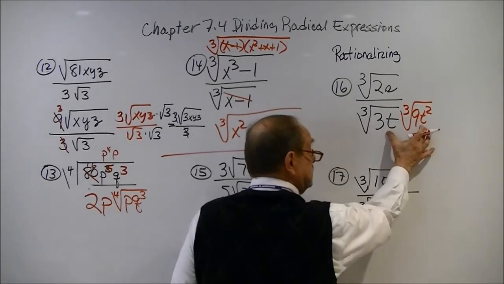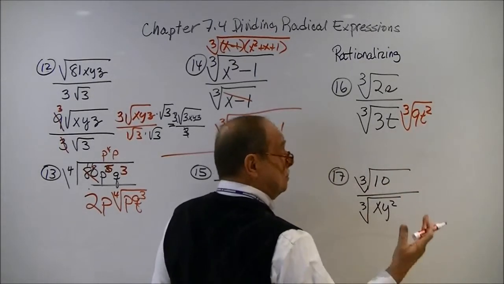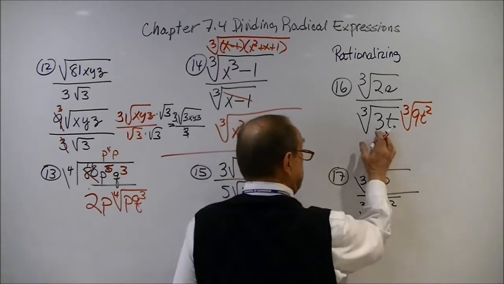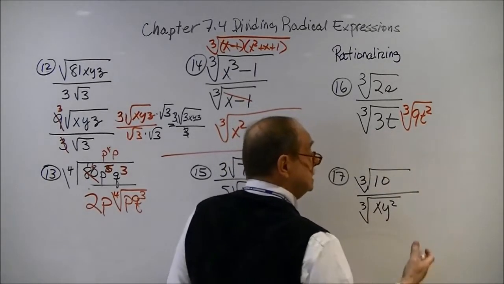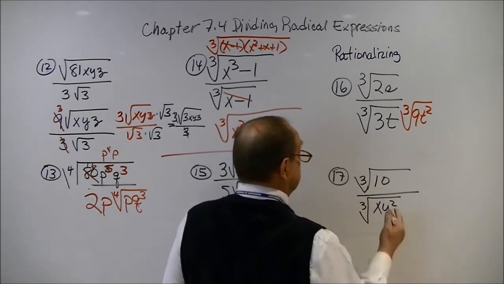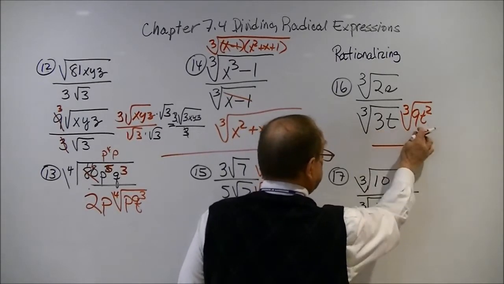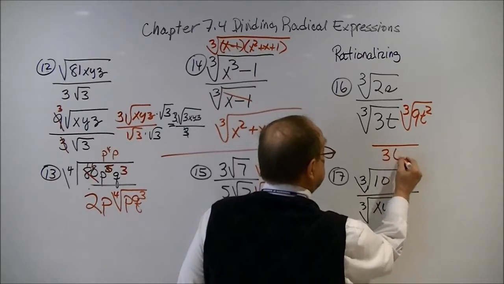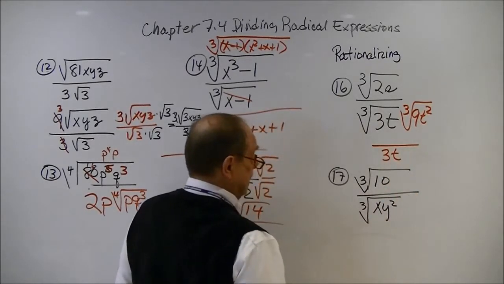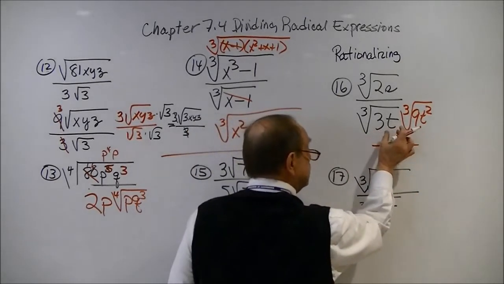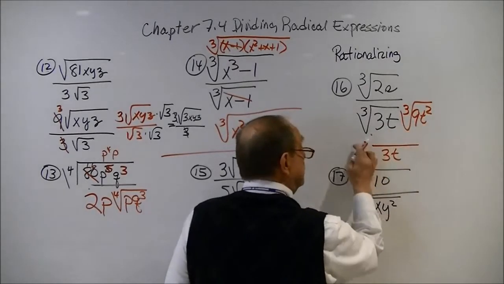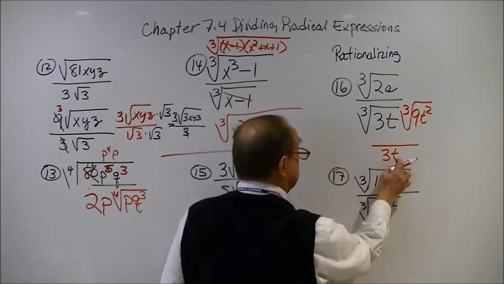T times t to the second is t to the third. It's now a perfect cube. 3 times 9 is 27, which is a perfect cube. So our denominator over here now will become 3t, because this is 27t cubed. The cube root of that is 3t.